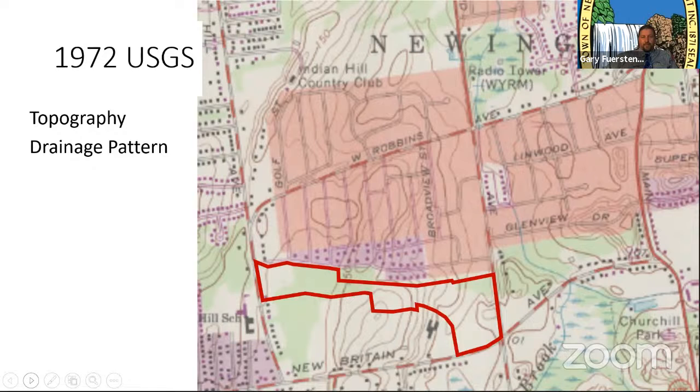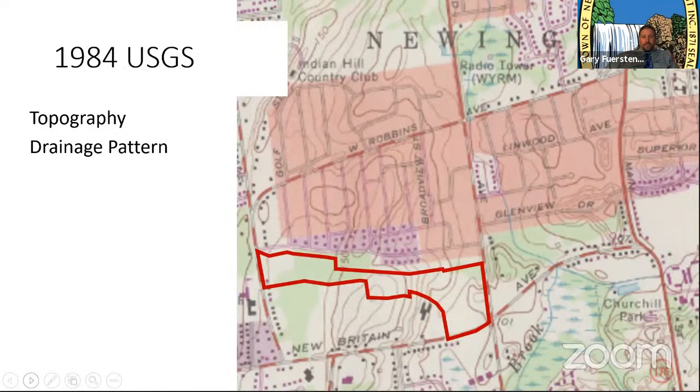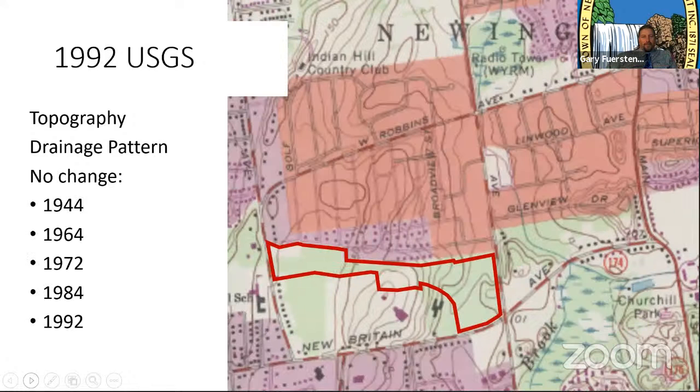Next slide. 1984, again, broken record here, but drainage to the west, drainage to the north, drainage to the east. Next slide. And 1992. So essentially from 1944, the first slide, to 1992, essentially there's been no change in the grading patterns and the drainage patterns on this parcel.